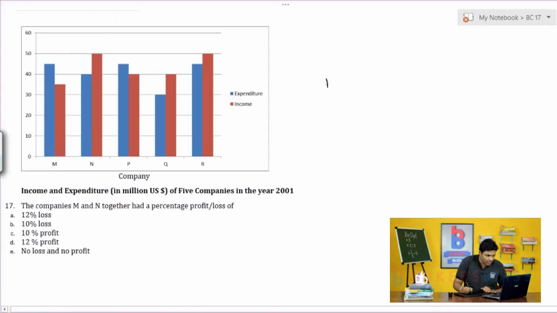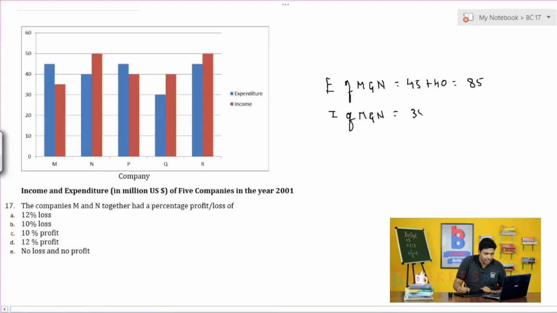Okay. So, expenditure of M and N is equal to, M expenditure is 45 and N expenditure is 40. 45 plus 40, how much will you get? You are going to end up with 85. Next, income of M and N. So, what is the income of M?